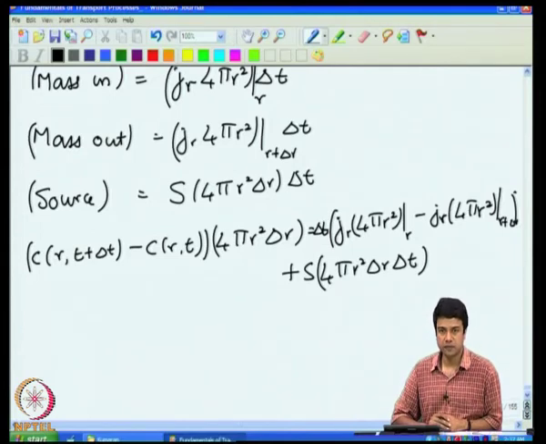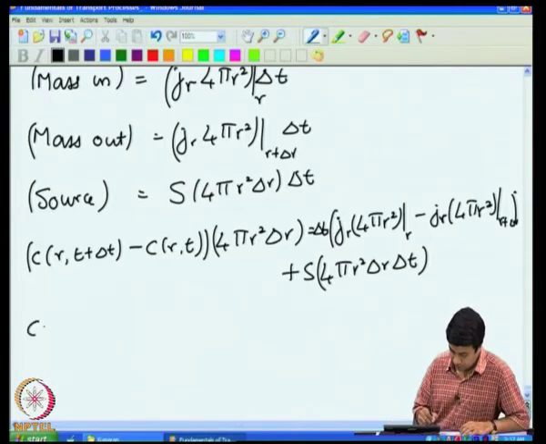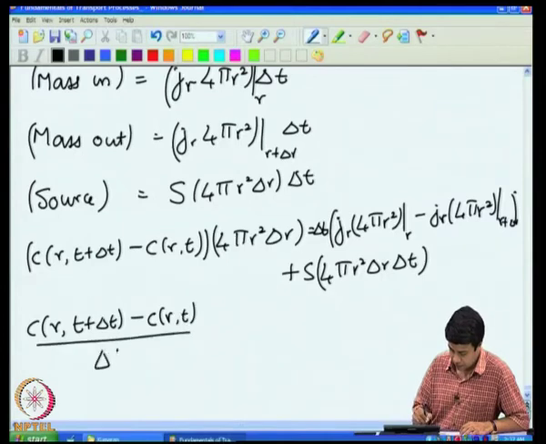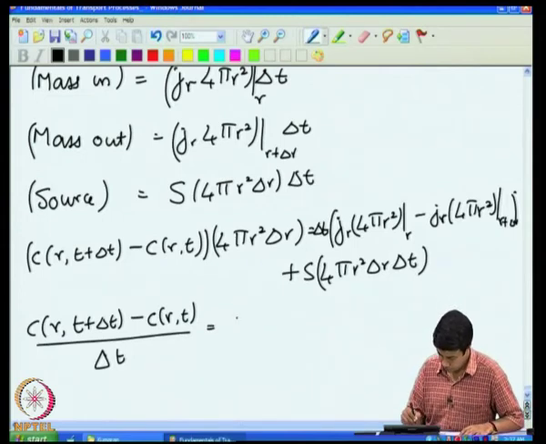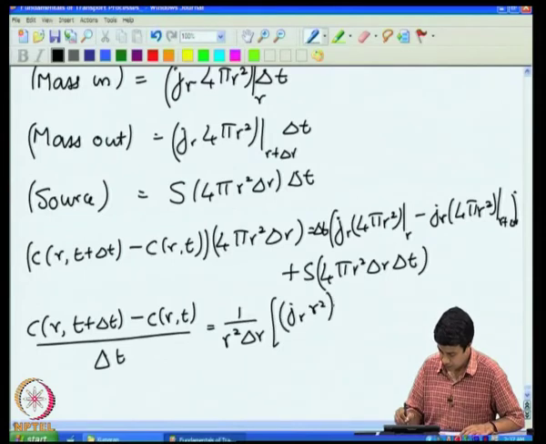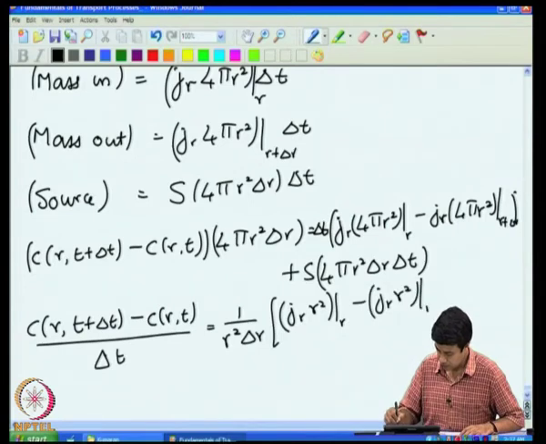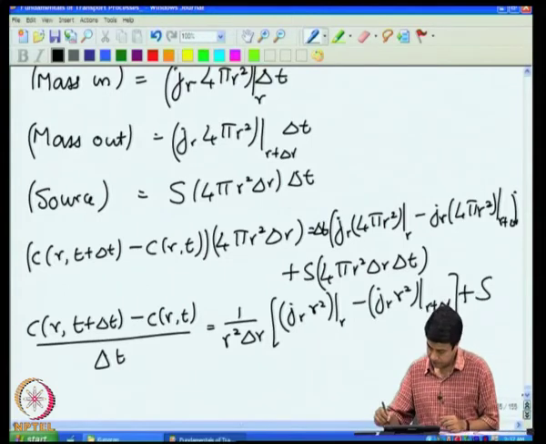We divide throughout by 4 pi r square delta r delta t, in order to get C at r, t plus delta t minus C at r, t divided by delta t is equal to 1 by r square delta r into J r times r square at r minus J r times r square at r plus delta r, plus any source that is present.